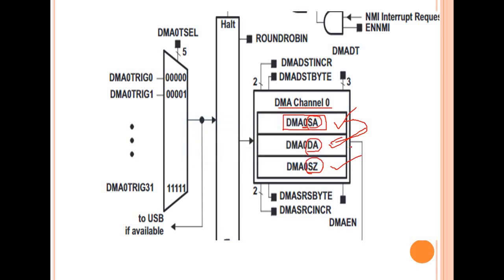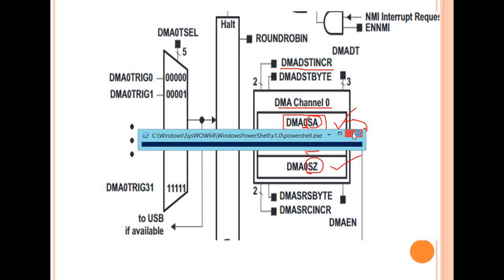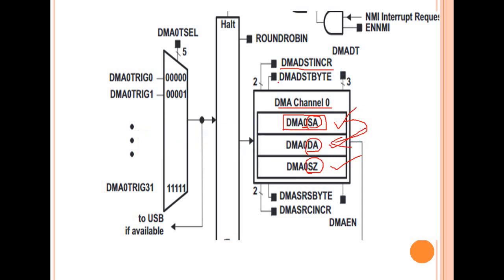Here this is DMA DST INCR, DMA destination increment, incrementing the destination address value. Here DMA destination byte, the byte to be placed in the destination.